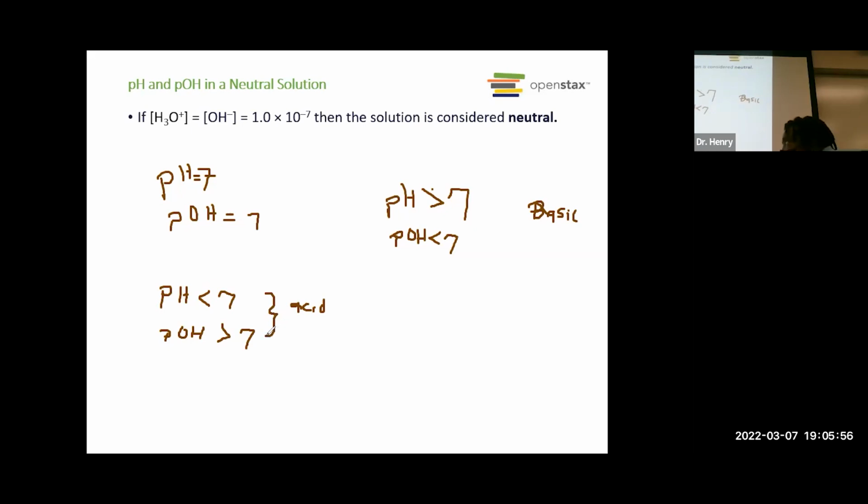But this is also an acid in both cases, right? Because if our pH is less than 7, so that means by default, if it's on a scale of 14, let's say our pH is 3, what must our pOH be? If our pH is 3, our pOH is what? What did we just say?